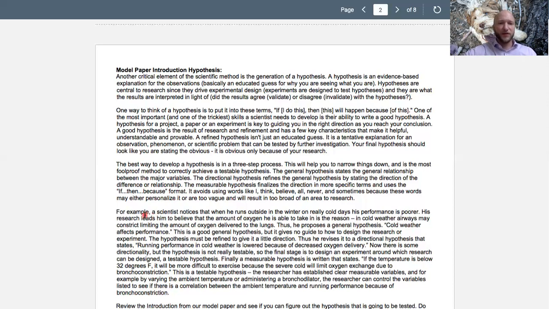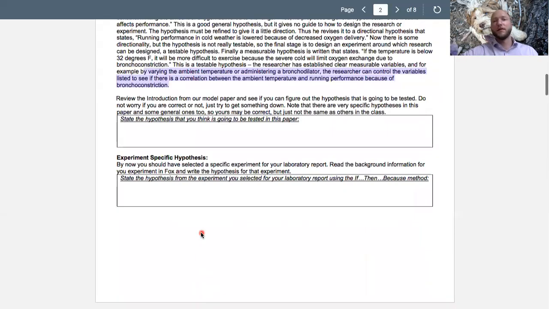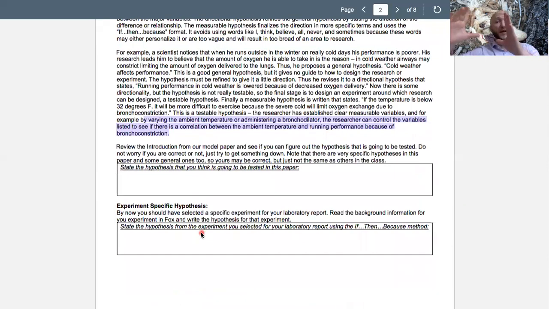It really explains why this form works well. So it's if I do this, the methods part, then this will happen, the results part, because of this, basically the discussion part of the paper.